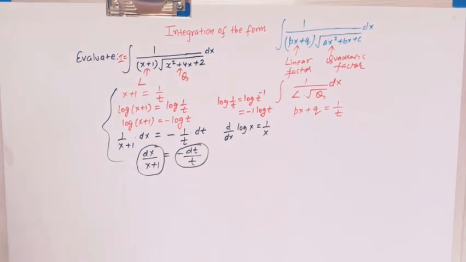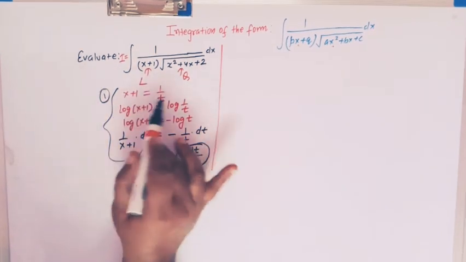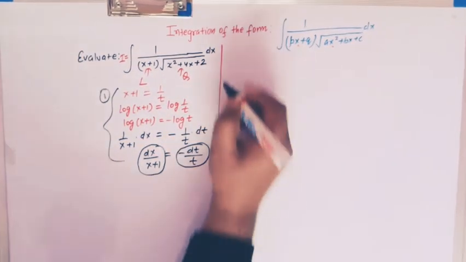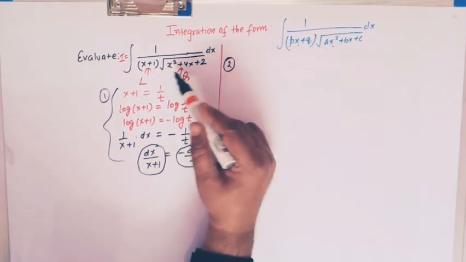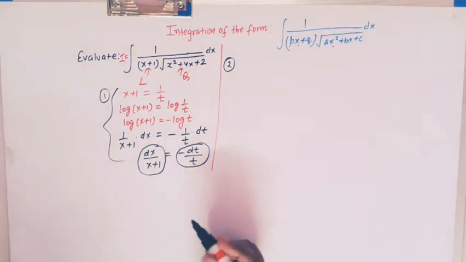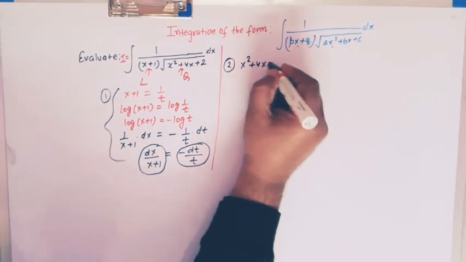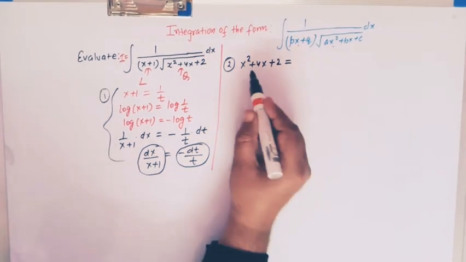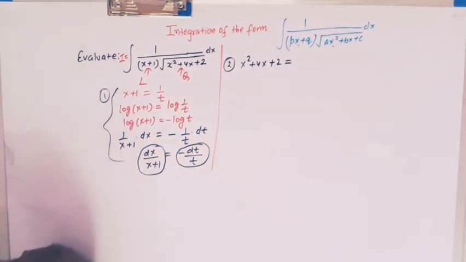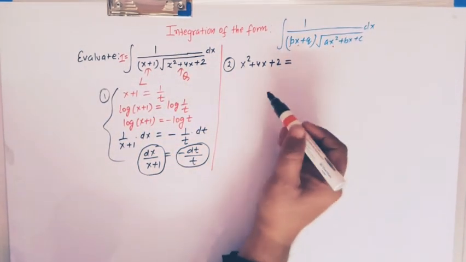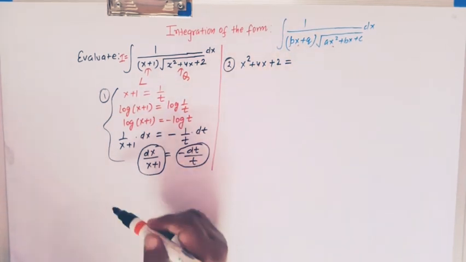So this is our first step, the step of substitution, and the second step is to take care of this quadratic function. Here we have the quadratic term x square plus 4x plus 2, and we now have to express this quadratic term in terms of t. But before doing this, let us make it a perfect square.